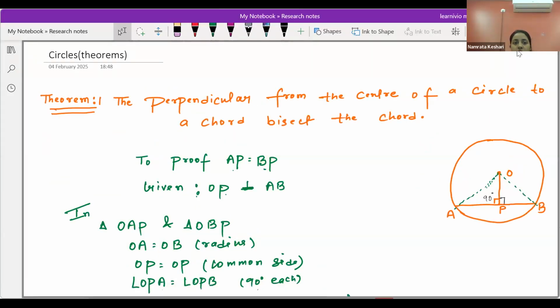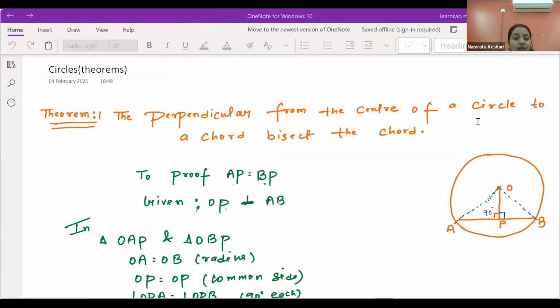So the first theorem is the perpendicular from the center of a circle to a chord. See the theorems over here in class 9. They are really important. If you are thinking that in your school they don't ask so many theorems, so it's not that important, maybe it's not that important for your exam, but be careful after the exam.